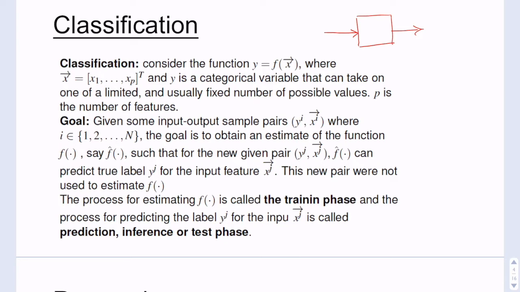But what's important here is to pay attention to what the input to this function is and what the output is. As you note, the input to this function is a vector, and the output is a categorical variable.